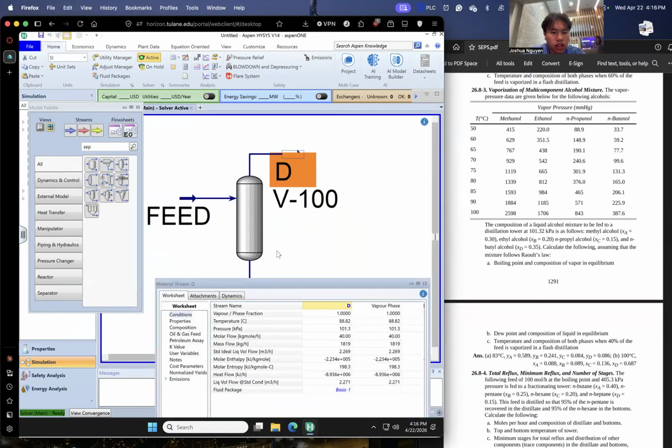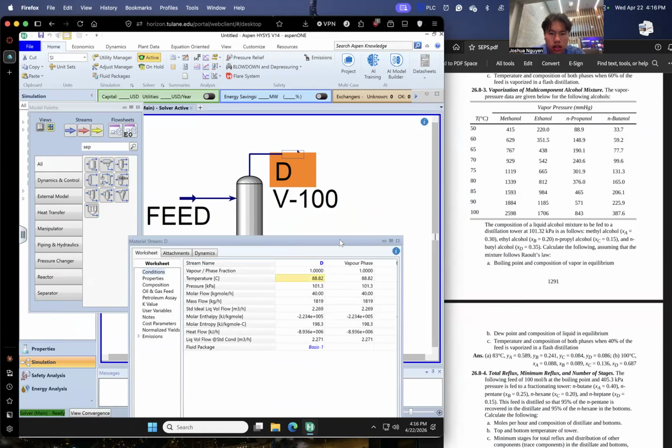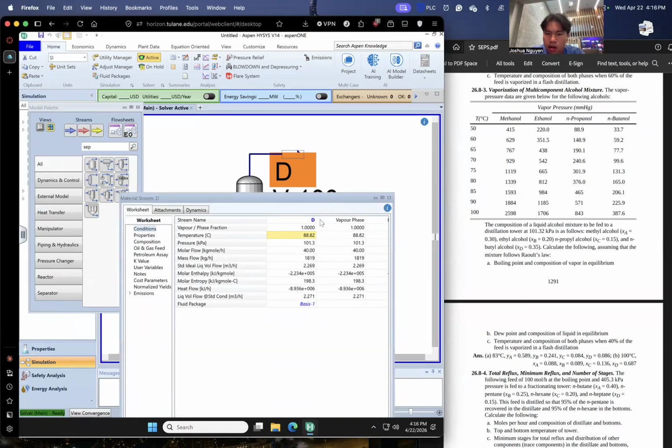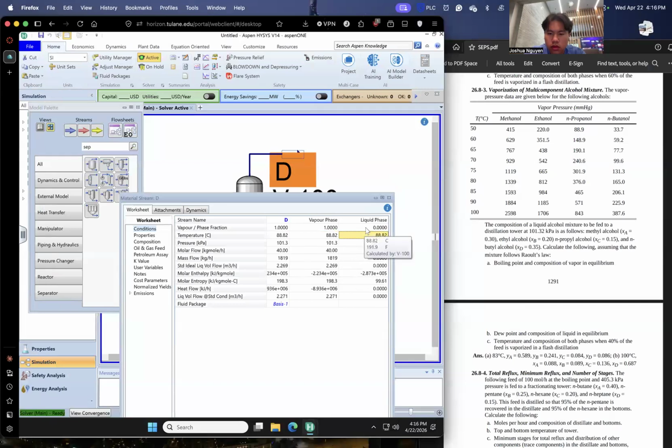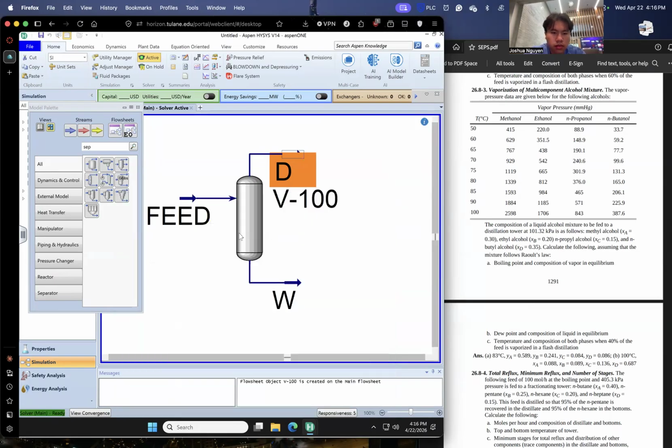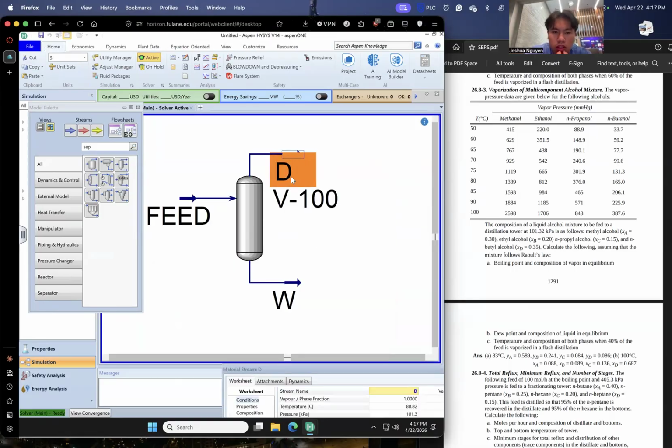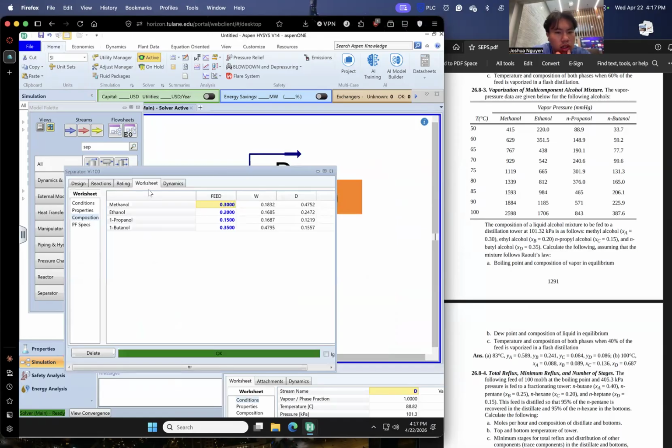Yeah, so I think the distillate, let's check this. Yeah, okay. So this one should be a, change this. I think these compositions are right.